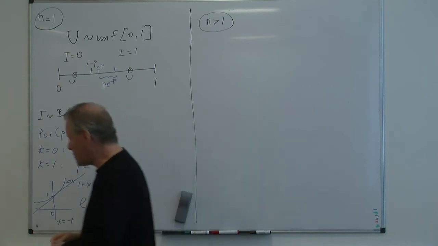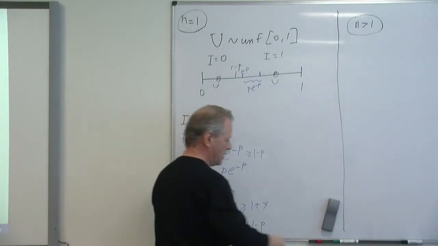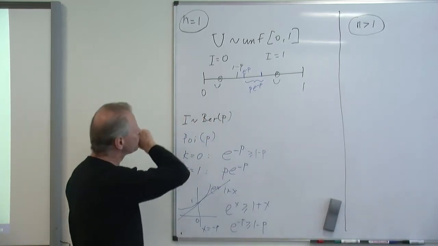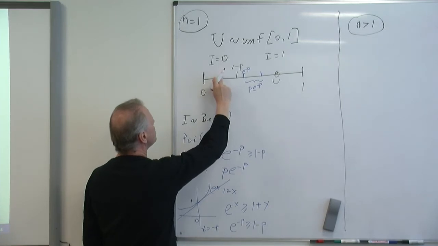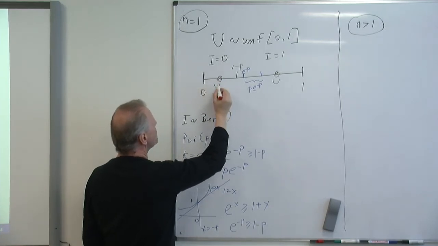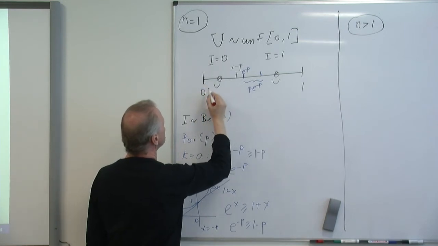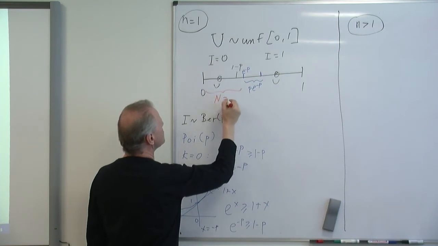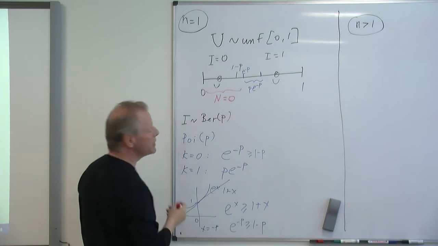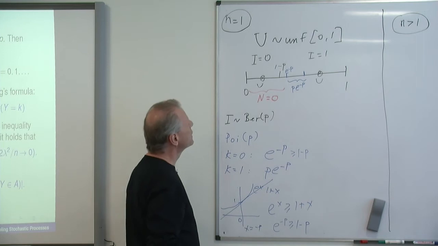Okay, now to the construction of the coupling. So if u ends in this interval up to here, we put n equal to 0. N is going to be the Poisson guy.